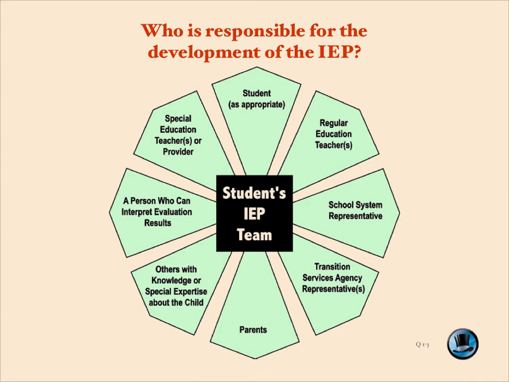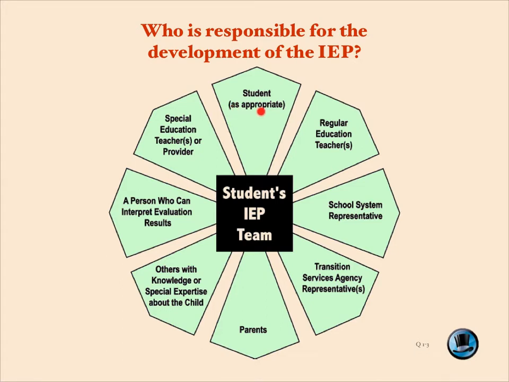The key component here is that team component: we come together and work with that particular student to identify the unique needs that they have, and sometimes work around them, sometimes remediate, but we get everyone at the table that has a vested interest in this child.